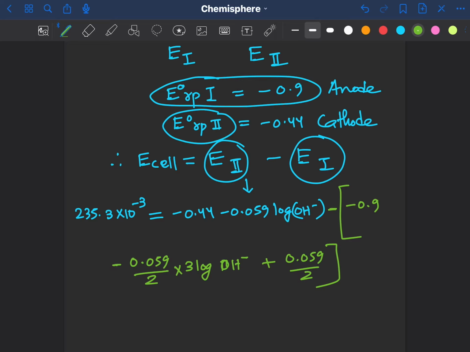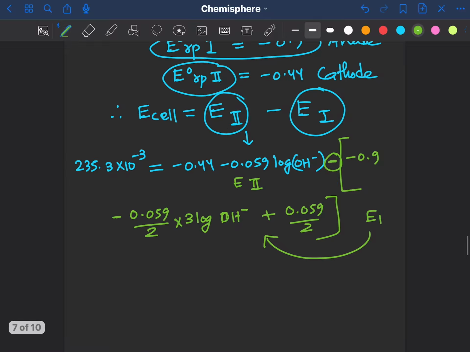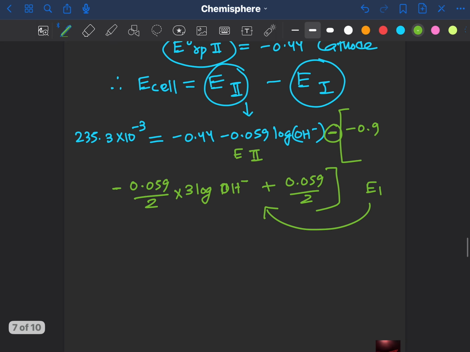So this is the value of E2 and this is the value of E1. When we solve this equation we get log of OH minus is equal to minus 6.6.